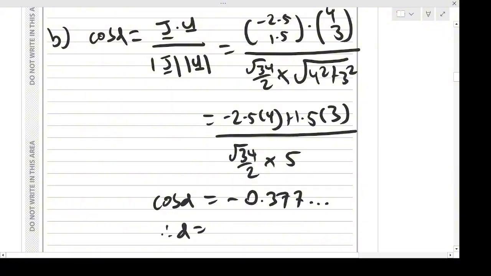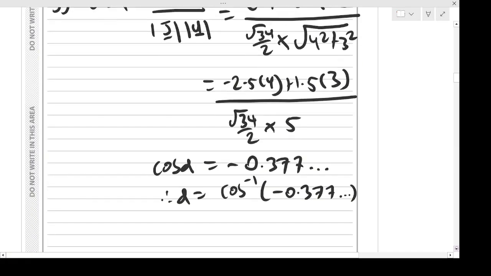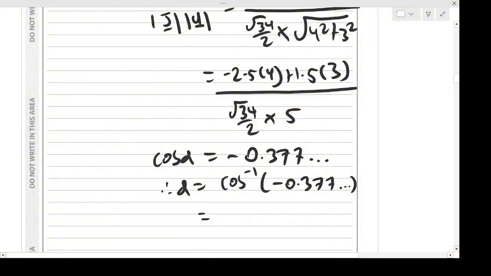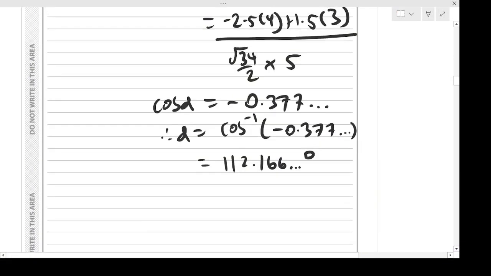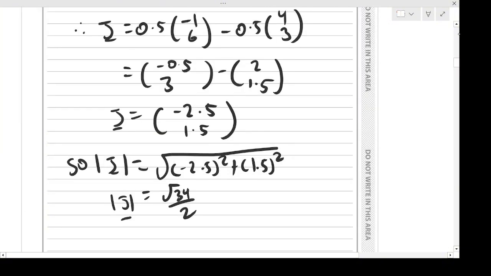So alpha, if I do inverse cos of that, I get 112.166 degrees. Remember, we're in degrees. Usually with mechanics, it's degrees, not radians. So make sure you're in degrees mode.